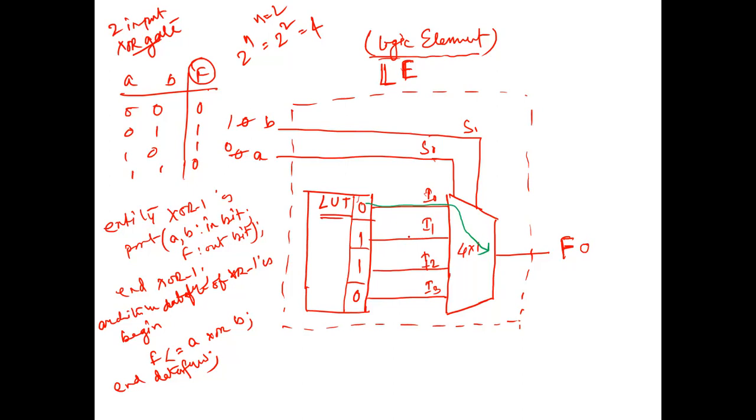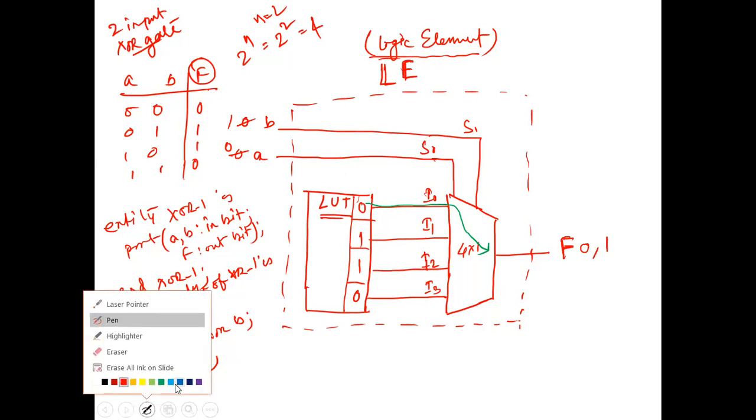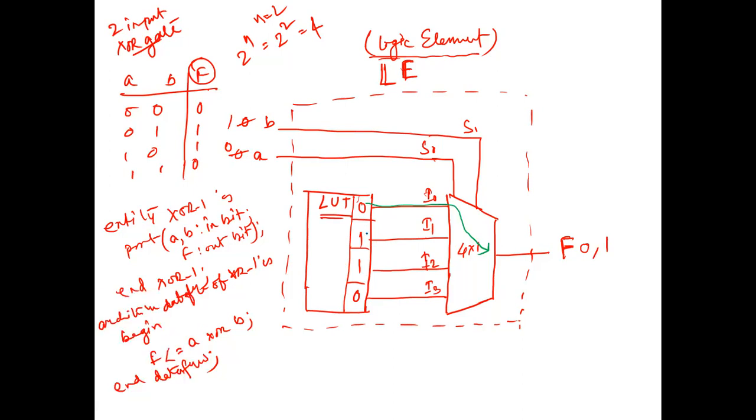Which one? I1 or I2? I1. This is the second value we get. Clear? So this is how the FPGA actually works. Now is that clear to all?